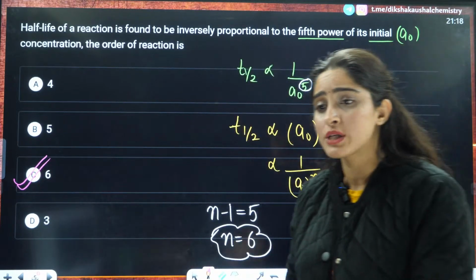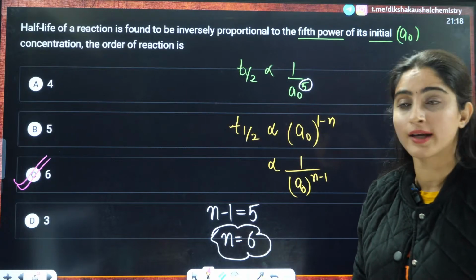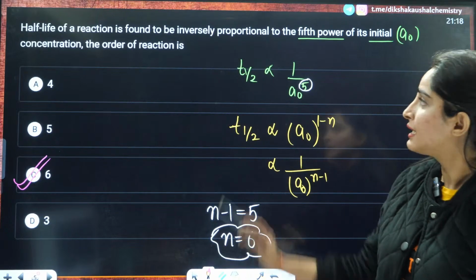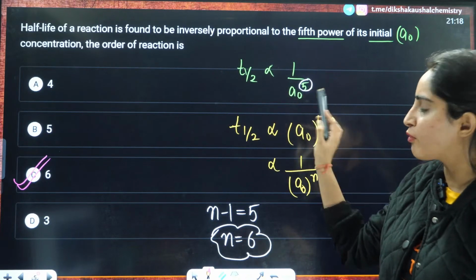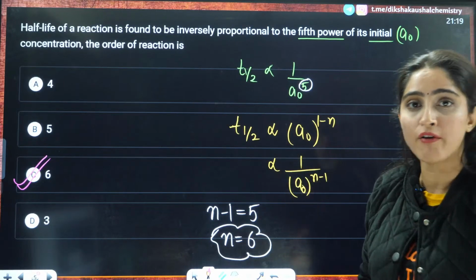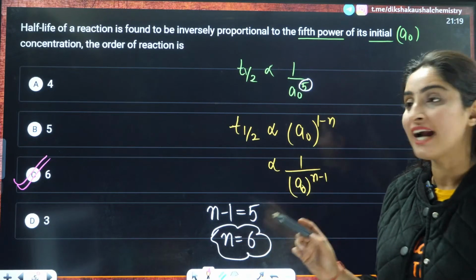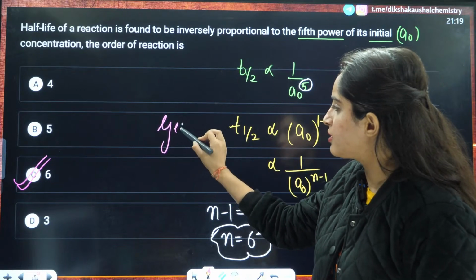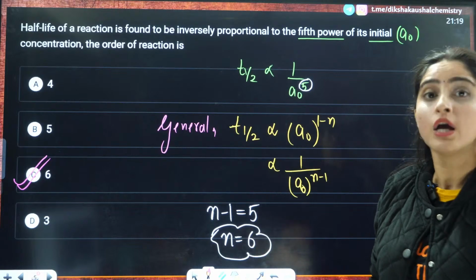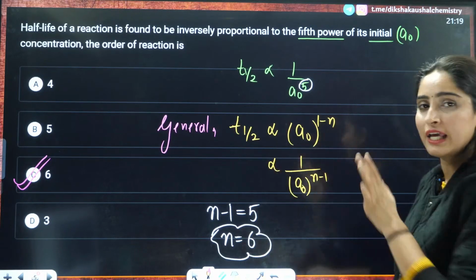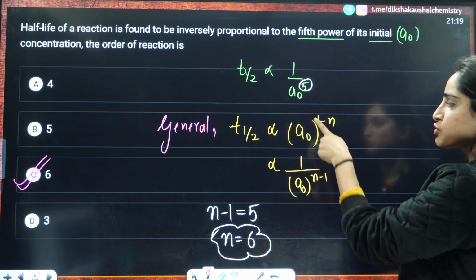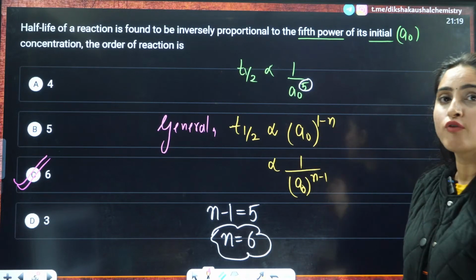Got it? How is C the correct answer, and how is B not the correct answer? They are saying that the half-life of the reaction, T half, is inversely proportional to A naught raised to power 5. But we know that generally, this is a general relation between half-life period and A naught: half-life is directly proportional to A naught raised to power 1 minus n.